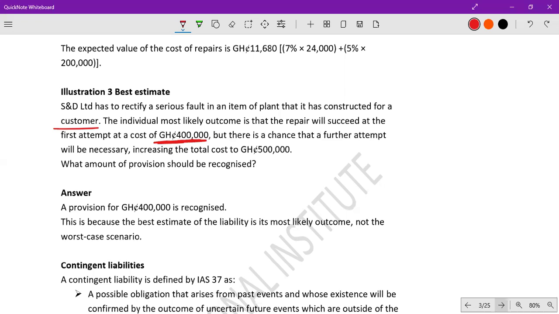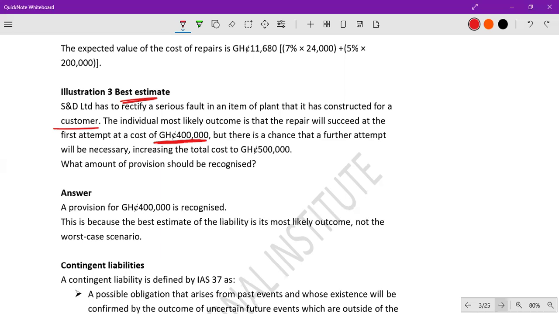So what is the most likely outcome? The best estimate. The best estimate must be based on the first attempt, because the most likely outcome is that it would succeed.